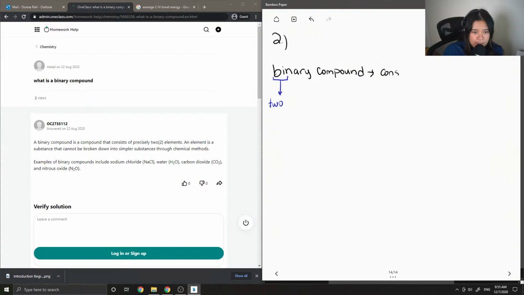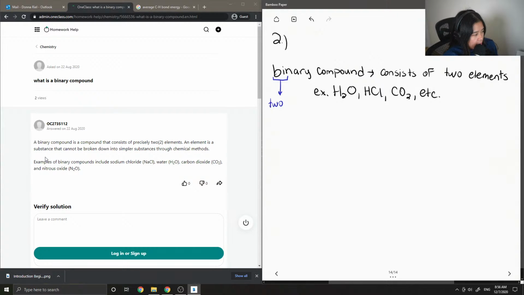And basically it consists of 2 elements. So the elements don't need to be in like a 1-to-1 ratio. Like we could just have H2O. It's only composed of hydrogen and oxygen, hydrochloric acid, or carbon dioxide. These are all examples of binary compounds.